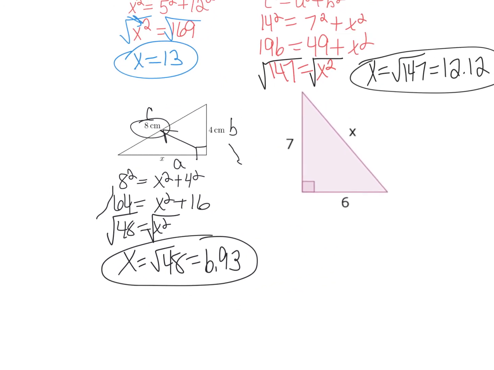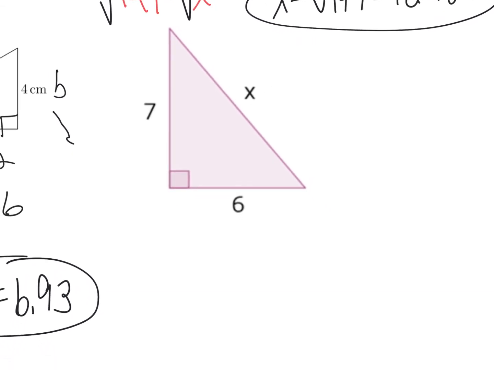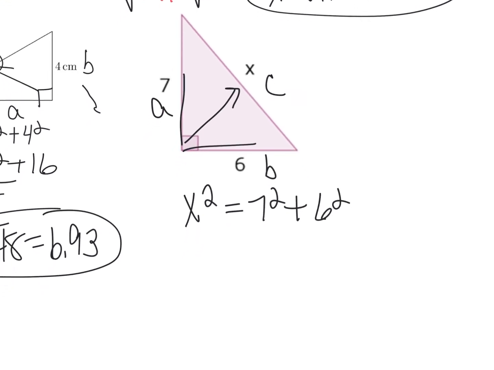Okay, and then our last one here. I've got my two sides that make my right angle. There's my A and my B. And then my hypotenuse, longest side across from my right angle, is C. So I'm going to have x squared equals 7 squared plus 6 squared. When you calculate that out, x squared equals 85.